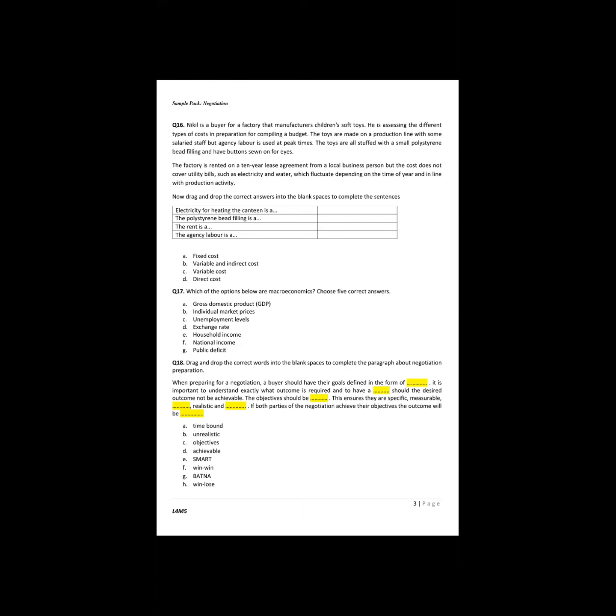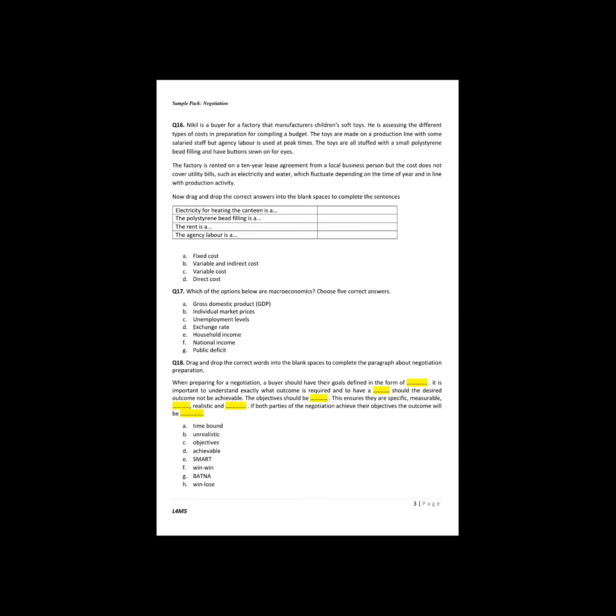The toys are made on a production line with some salaried staff, but agency labor is used at peak times. It means when demand increases, they employ casual labor and pay them.